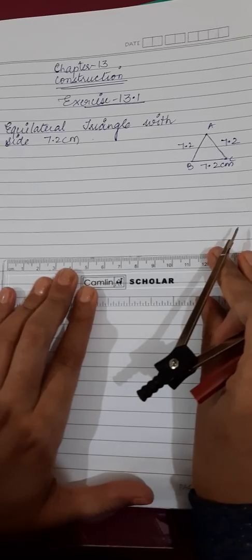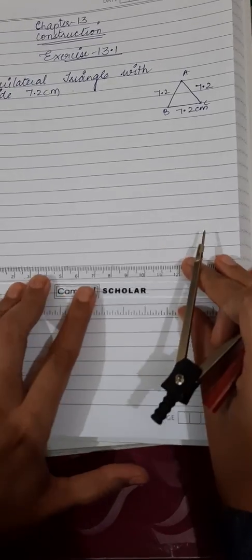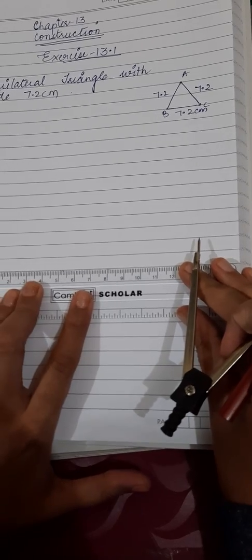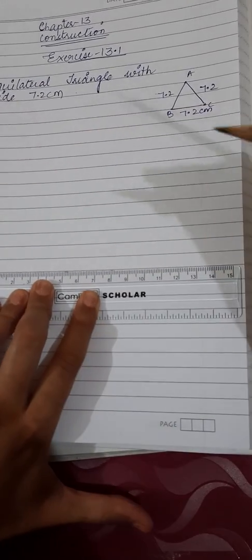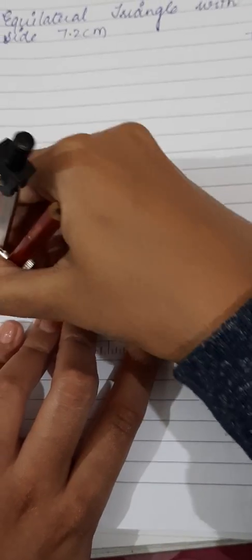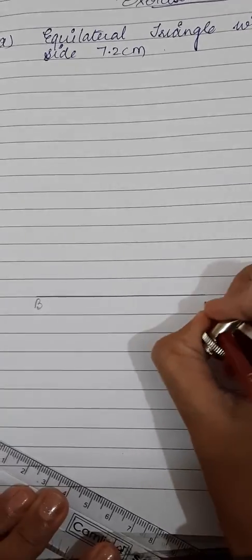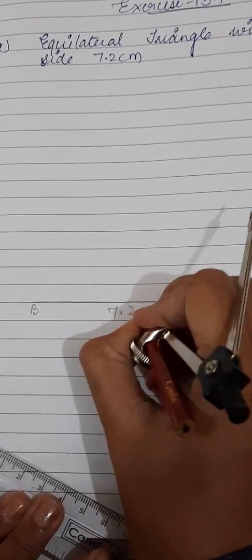First of all, with the help of scale, draw a line of 7.2. I am taking a big page. Till here it is 7.2, and I am naming it B and C, and this is 7.2 centimeters.